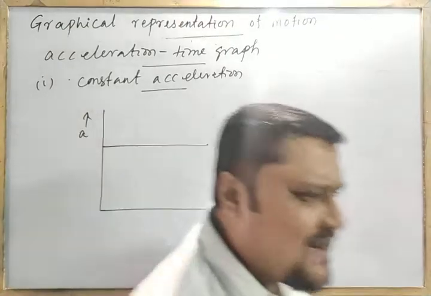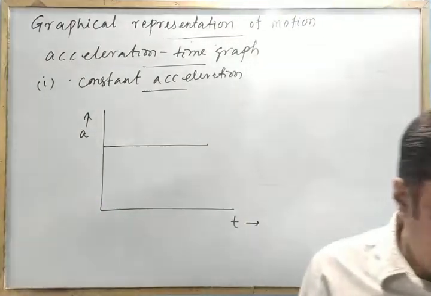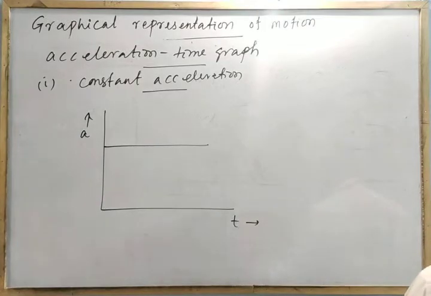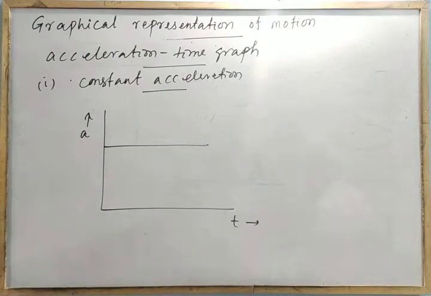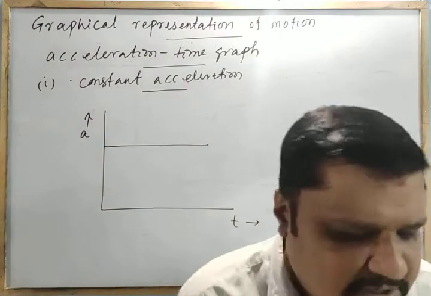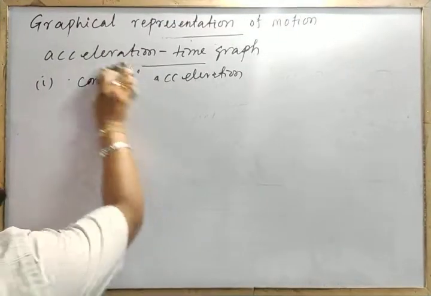Suppose the acceleration is not constant, that is variable acceleration. Here the acceleration is constant. In the next case we will go for the acceleration that is not constant.